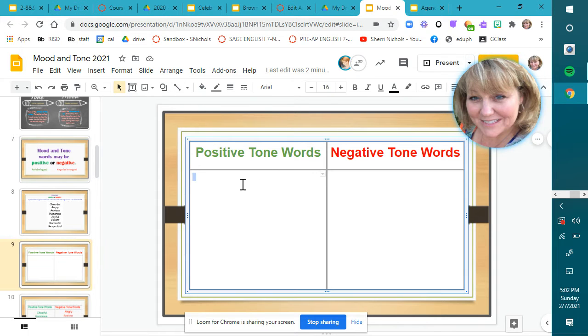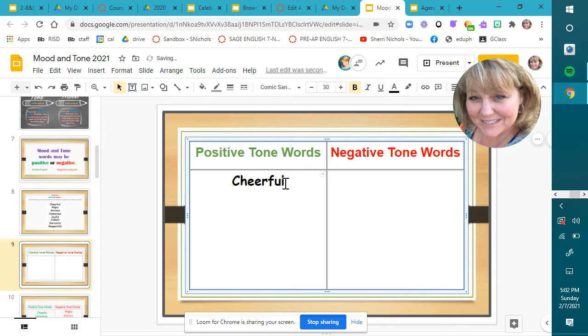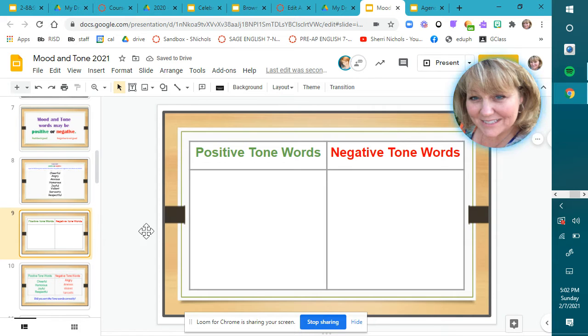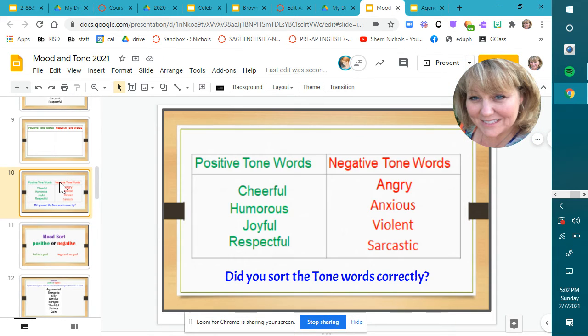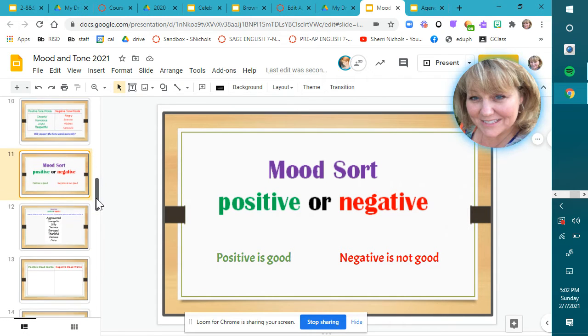So cheerful, of course, would be a positive word. So I'm going to paste that here. So that's what you will do as you are going through here. And then you can kind of check your answers.